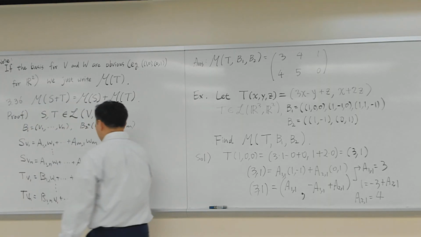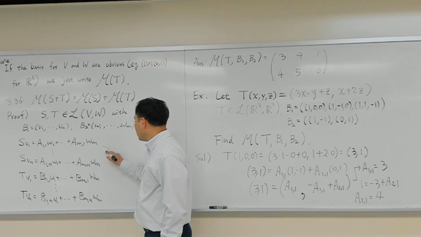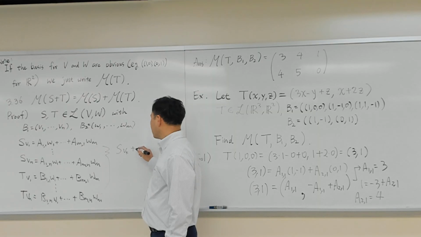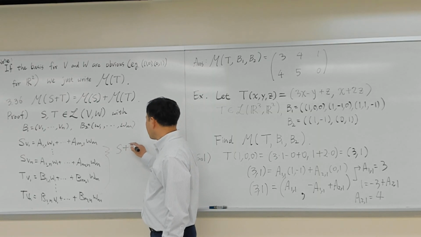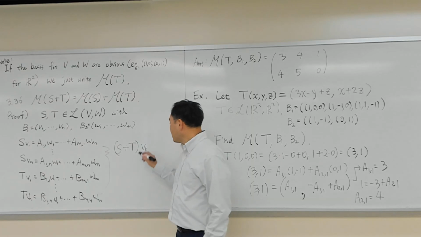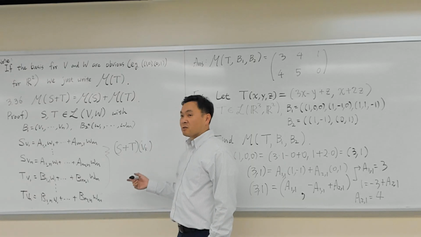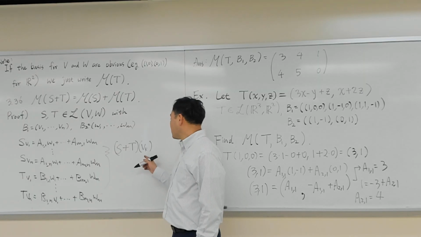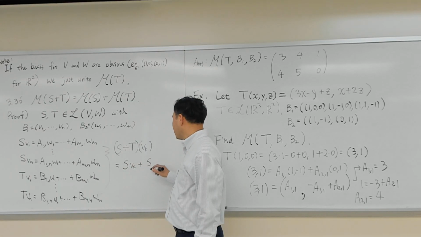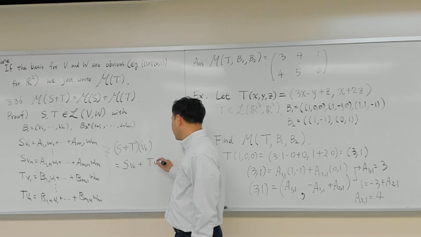Now, if this is true, then you know what (S plus T) of vk is. By definition, the map S plus T, the sum of the linear maps, takes any vector in V to S applied to vk plus T applied to vk.